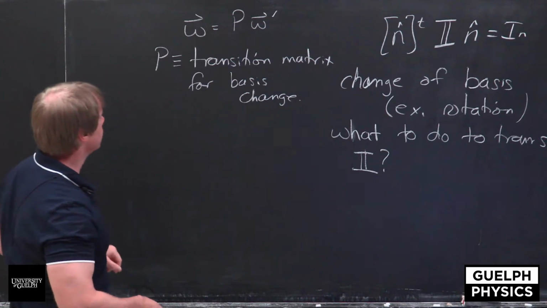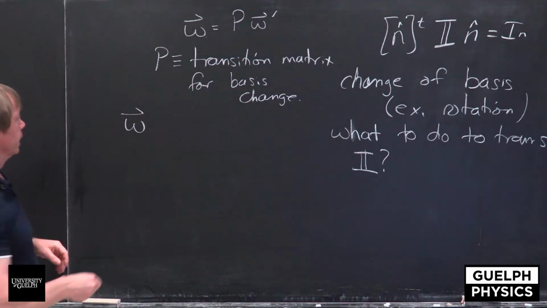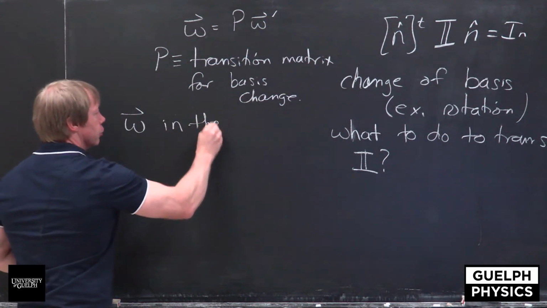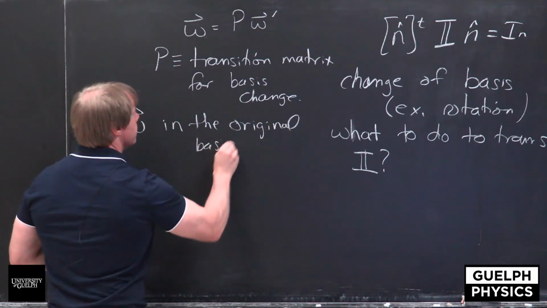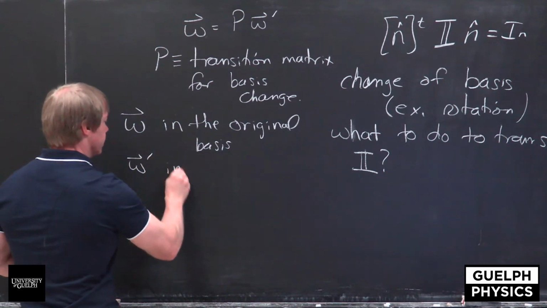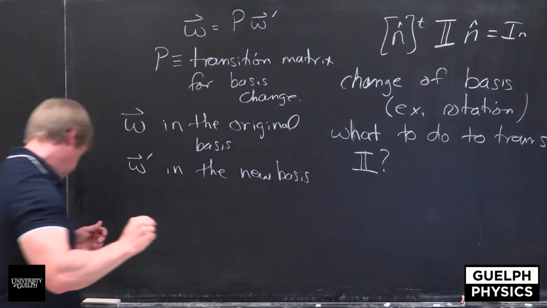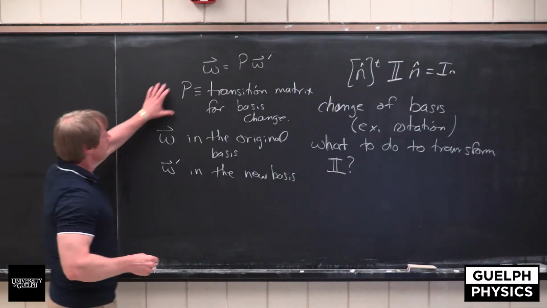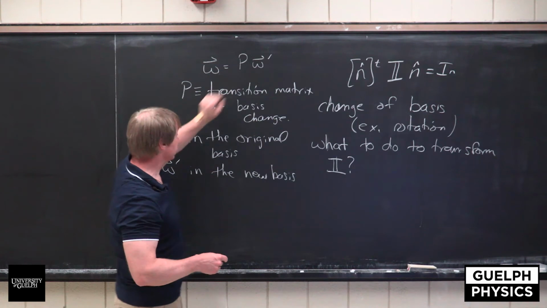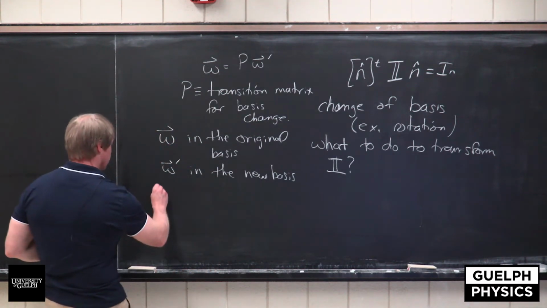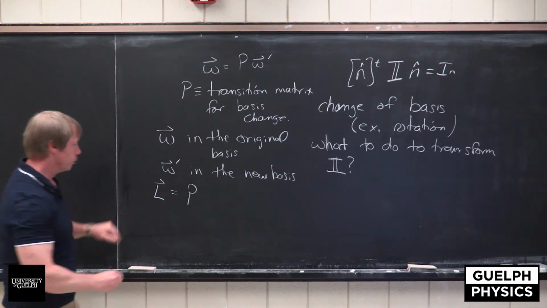And we have this relation where we have omega, sorry, in the original basis and omega prime in the new basis. So we have this expression for how the angular velocity vector would change under the change of basis. We can also do the same expression for the angular momentum vector.